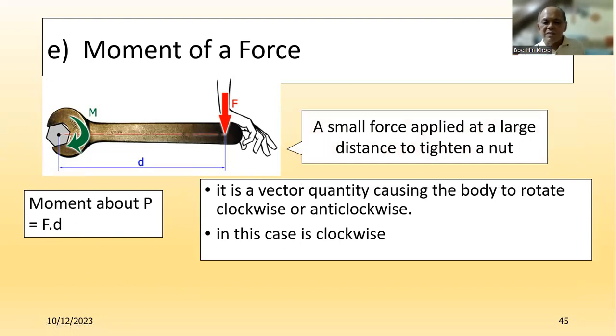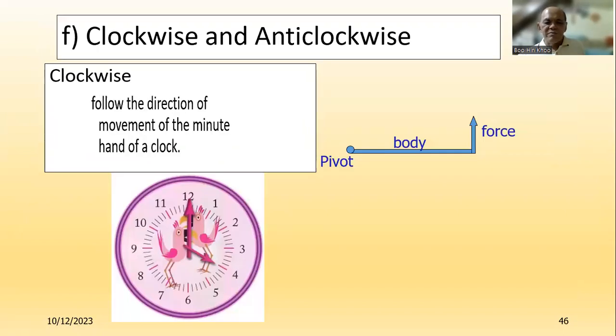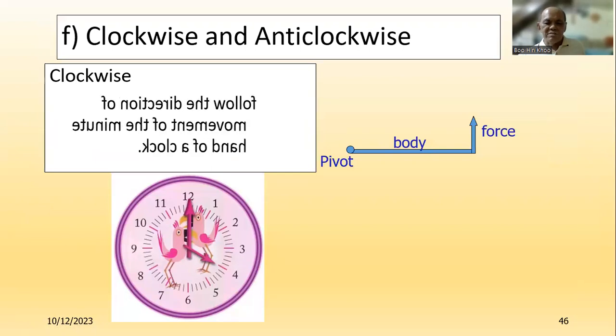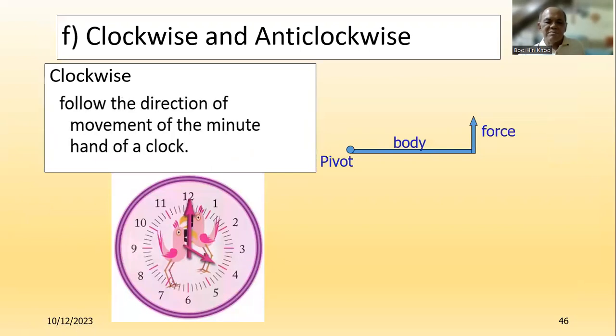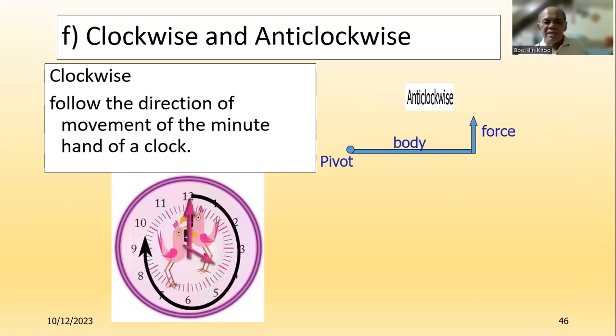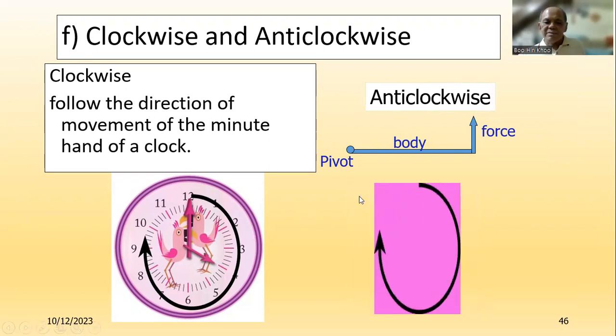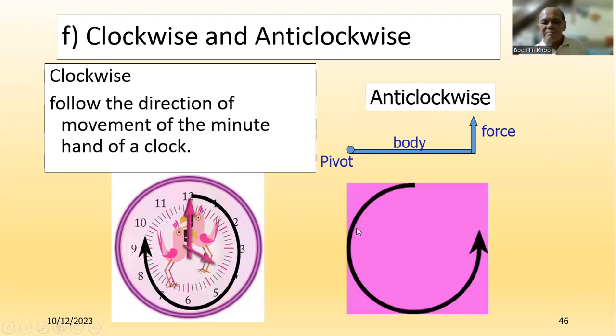A small force applied at a large distance can tighten a nut. So you must know what is clockwise: follow the direction of the clock, or the direction of the minute hand of a clock. That's clockwise. Anti-clockwise is the opposite direction. In this case, it's anti-clockwise.